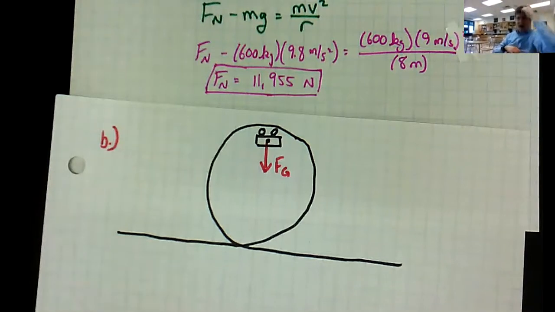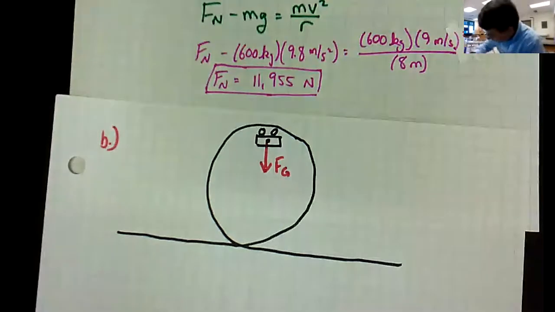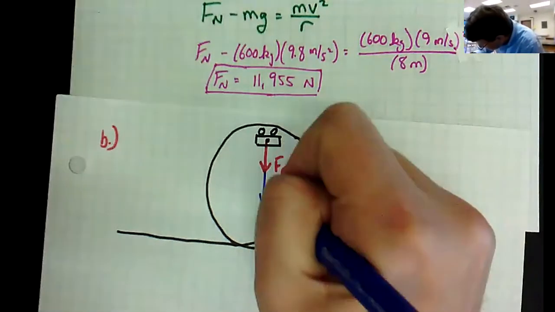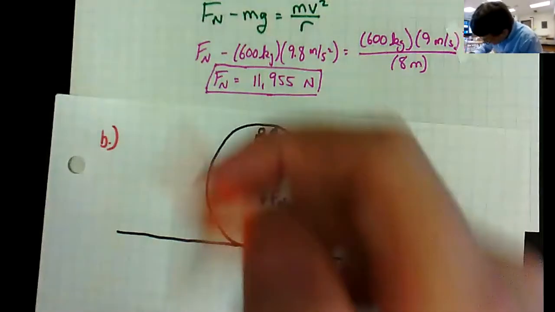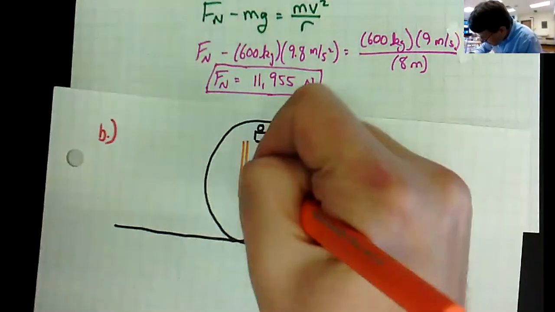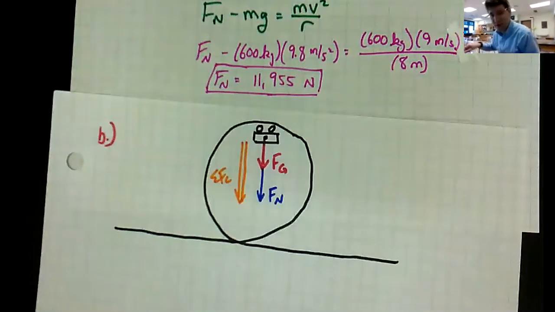It is down because, again, the whole point of what a normal force does is it prevents you from falling through a surface. This time the surface is above me, and so the normal force is actually going to be pointing down. And in this case, they're adding together.